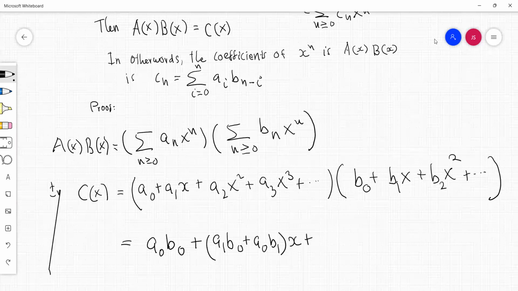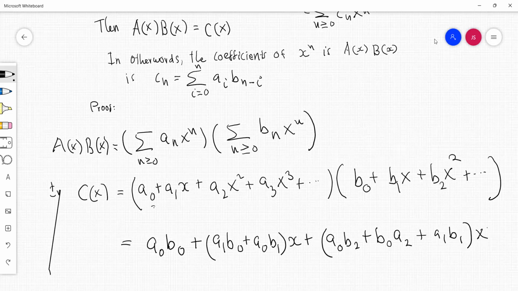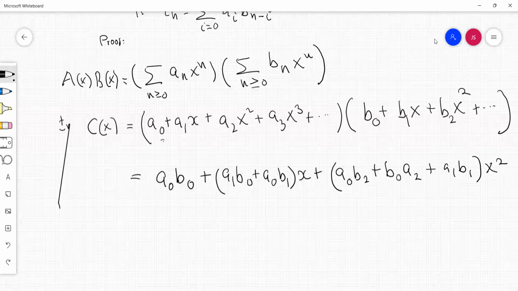Now, if you find the coefficient of x squared, what are those things? a0 b2 plus b0 a2, and also you can get x squared by multiplying a1 x by b1 x, so it is a1 b1. If you need the third one, let's find the coefficient of x cubed.